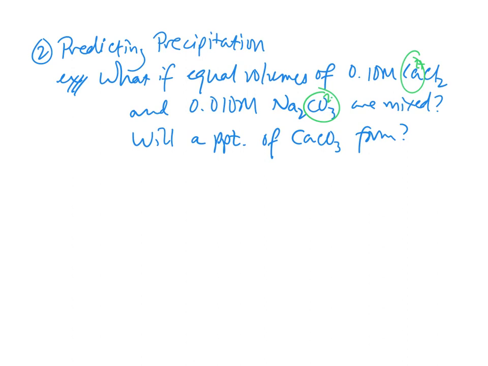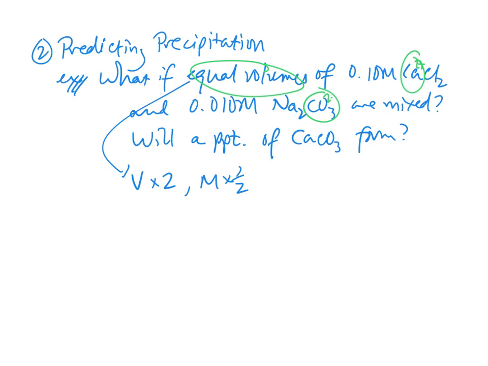So an easy sort of thing to do, but the trick here is because we added equal volumes, the molarities are going to drop as a result. So because the volume is doubling for both of these things, the molarity will be cut in half for both of them. So calcium chloride doesn't have any sodium carbonate in it, so when it's mixed, the volume is doubling, but you're not picking up any calcium or chloride ions.